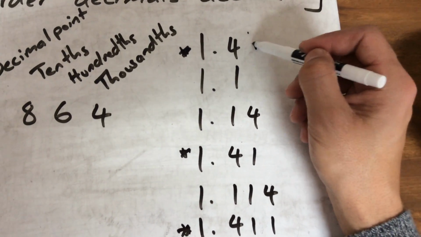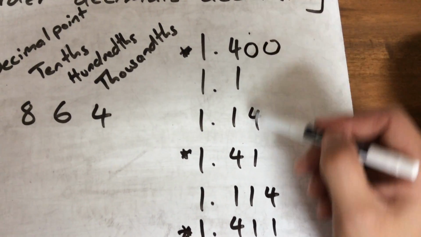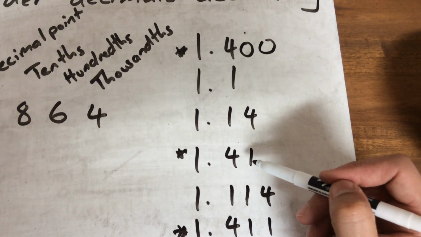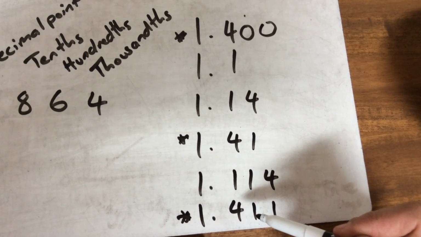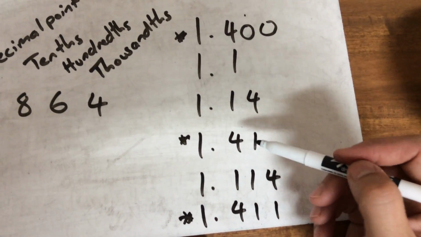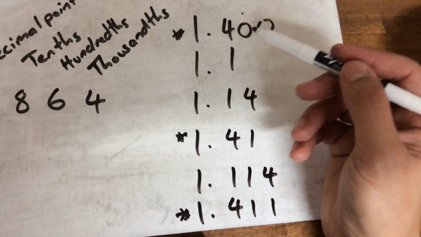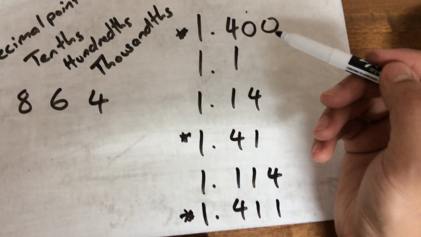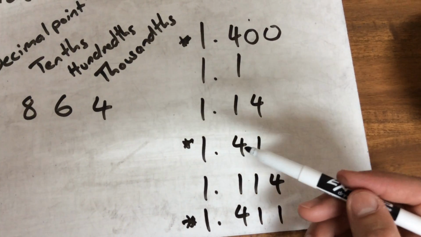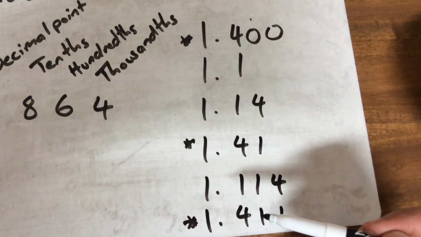So we've got 4 tenths there with no other numbers in there. This one here's got 4 and then a 1 in the hundredths column, and this one here's got a 4 and a 1 in the hundredths column. So this one up here is the smallest one of the 1.4s, because there's no tenths and there's no hundredths. But this one here's got a tenth and this one's got a tenth.